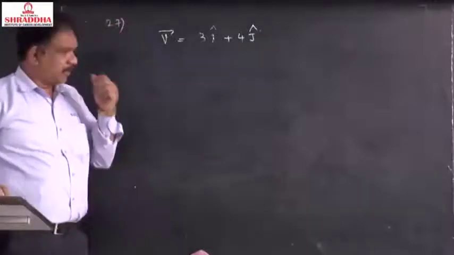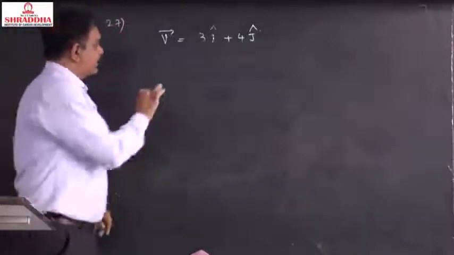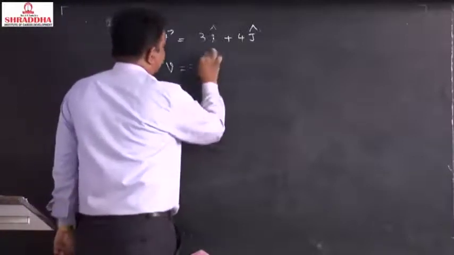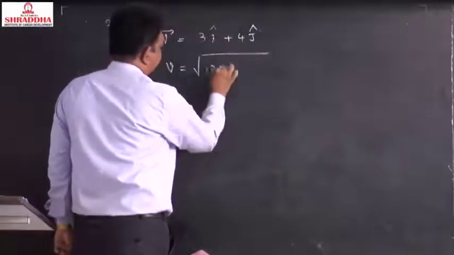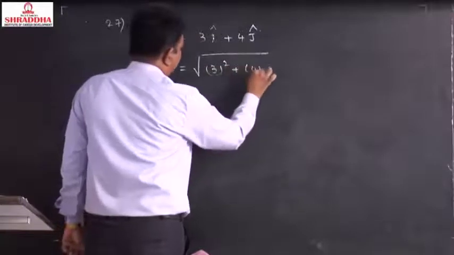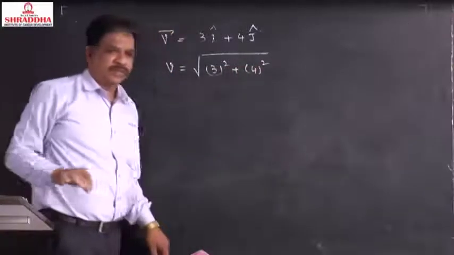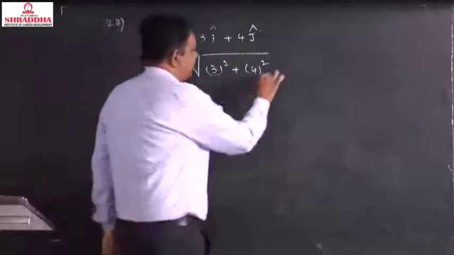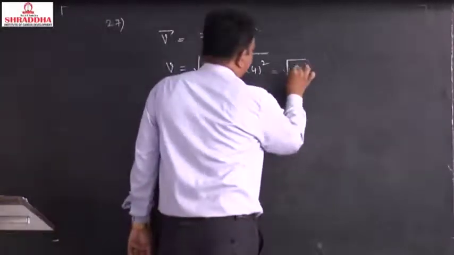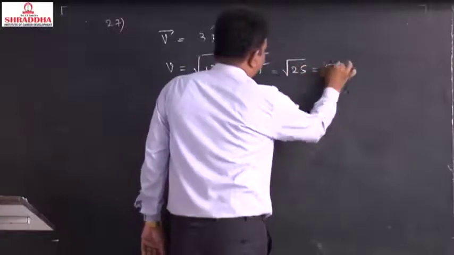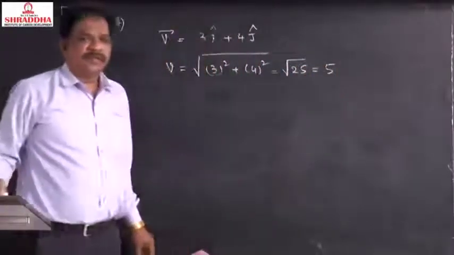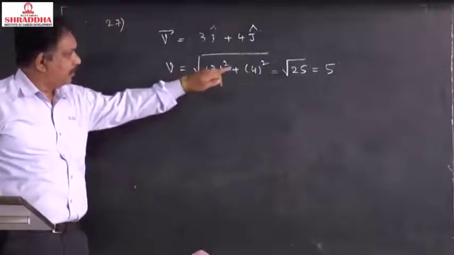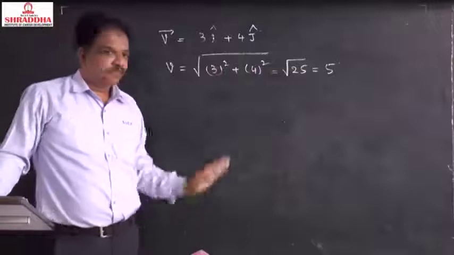What is its magnitude? V is equal to square root of 3 square plus 4 square. So this value will be root 25, which is equal to 5. So we got V value as 5.